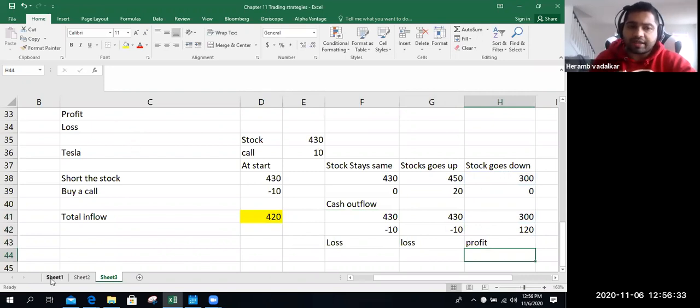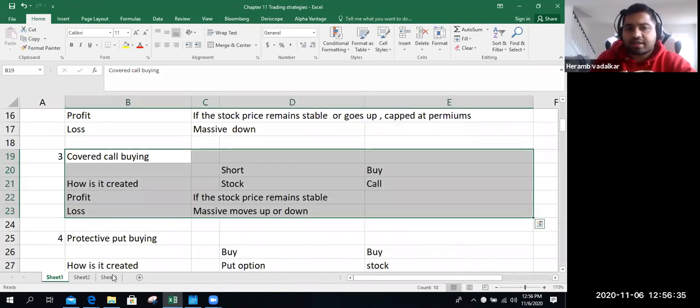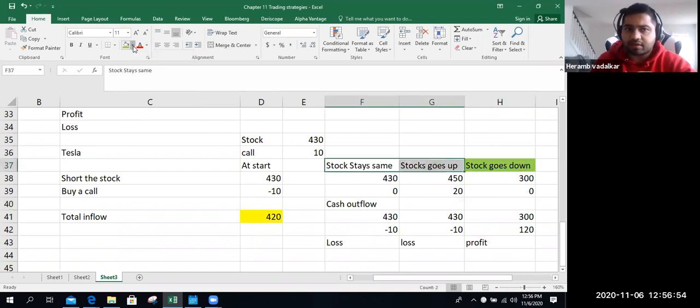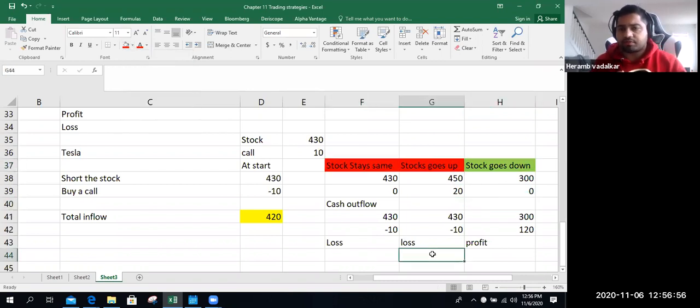So when does this strategy pay? Covered call buying: how to do it? Short the stock and buy the call option. So when does it pay? It only pays if the stock goes down. This is when you make profits. So profits are green. This is when you make a loss.